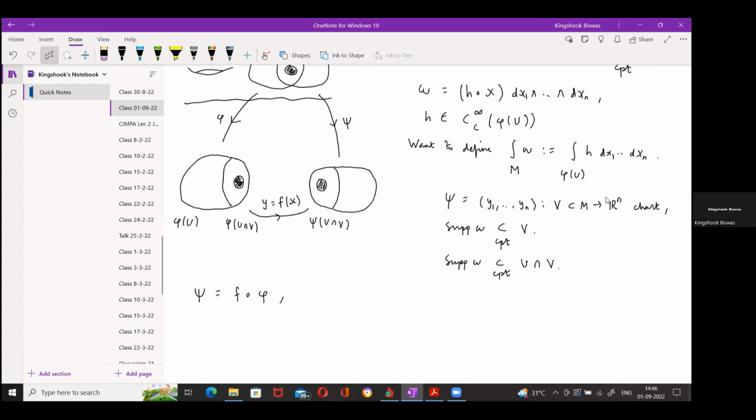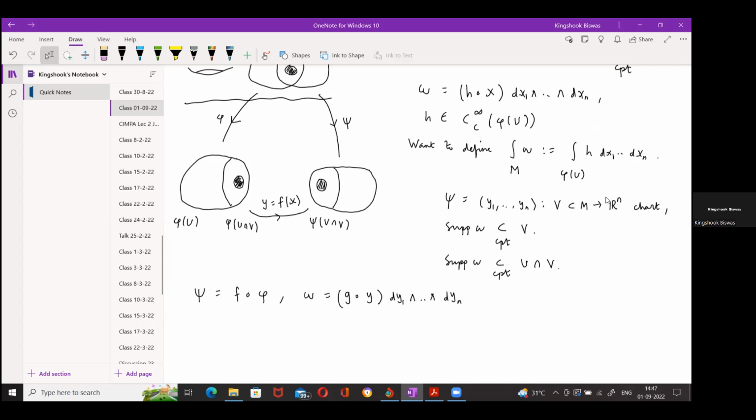So suppose omega is equal to G composed with y times dy1 wedge dyn, right?